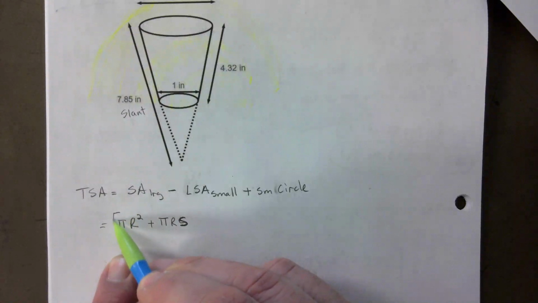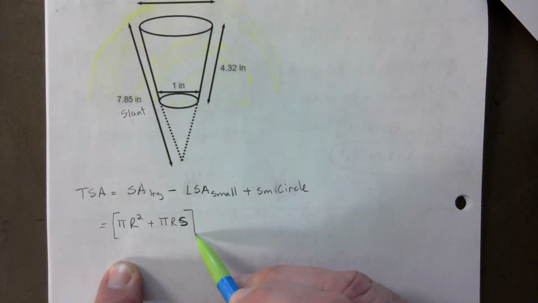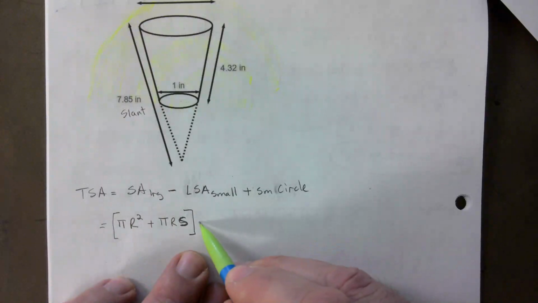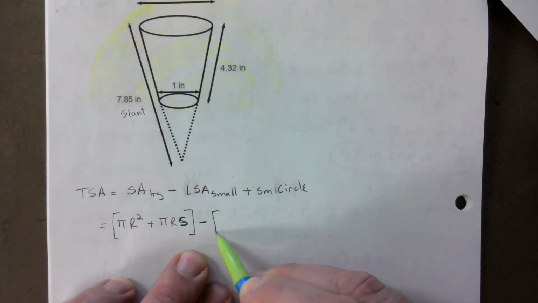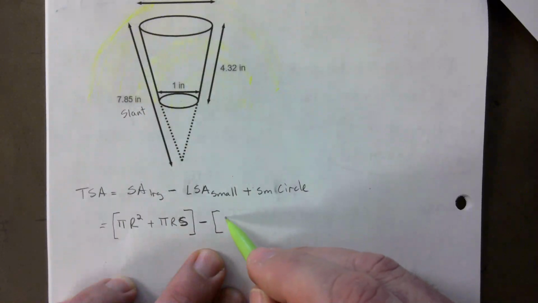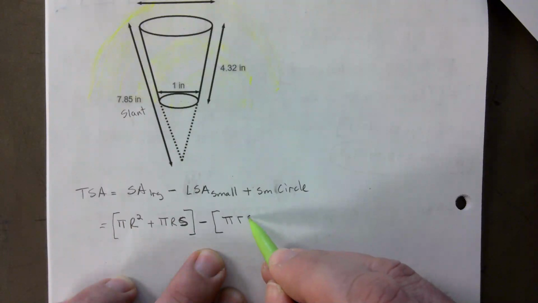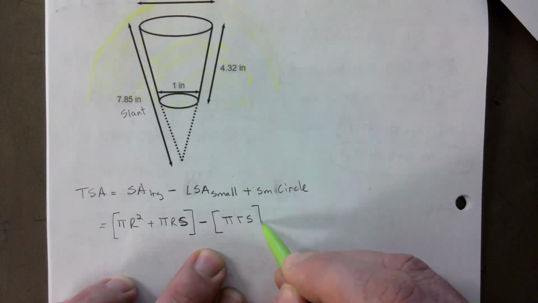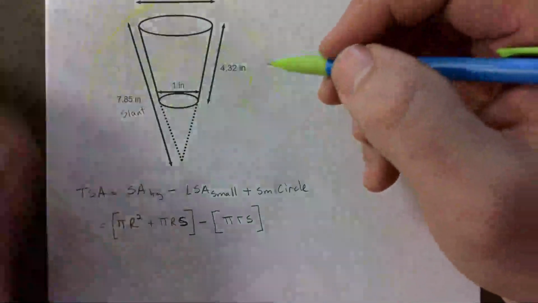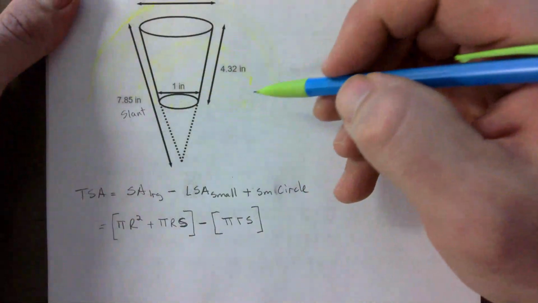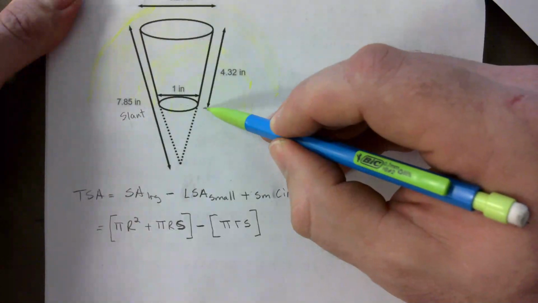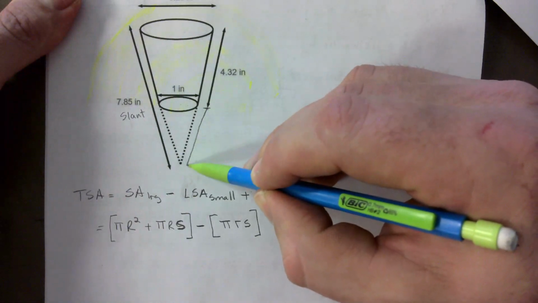So I'm going to put square brackets around that. That's like my cone, minus LSA of the small, so that would be pi lowercase r lowercase s. Where is the lowercase slant on the diagram? It would be from here to here, right?